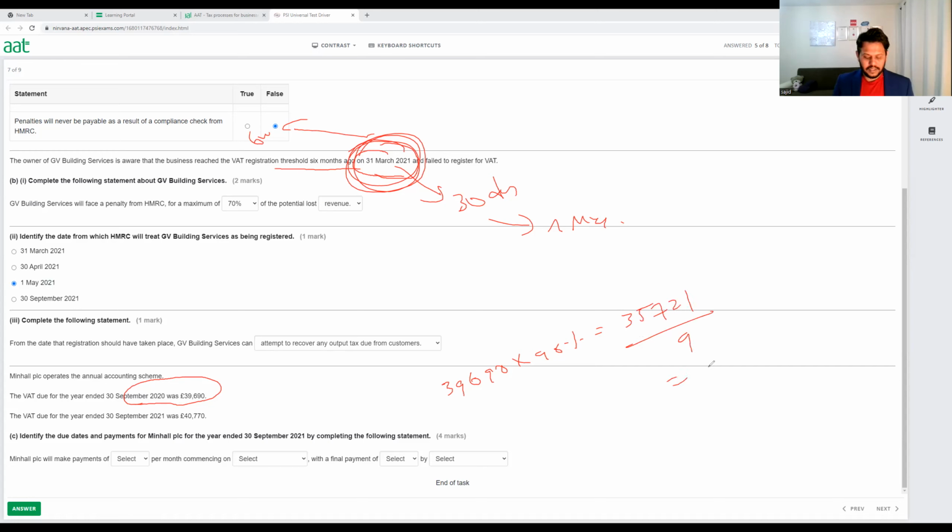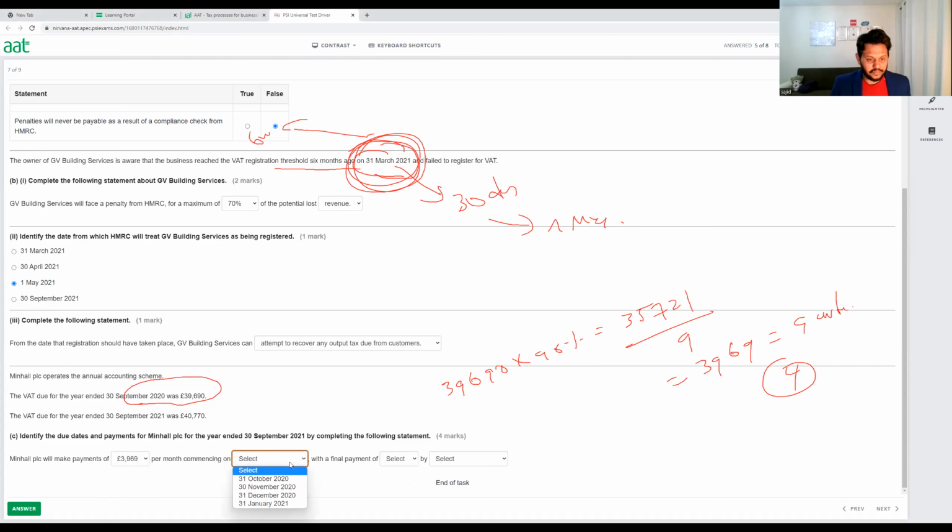We need to make 9 equal installments. So every installment we have to pay 3,969. Need to pay it for 9 installments. And starting from month number 4, at the end of month number 4, remember that. So we need to find the amount. This is 3,969, and start from month number 4.